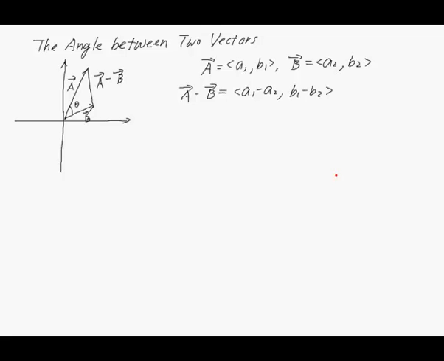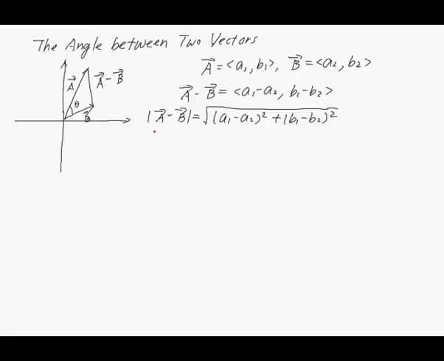Now, let's get the magnitude of the A minus B. So this is equal to the square root of A1 minus A2 squared plus B1 minus B2 squared.